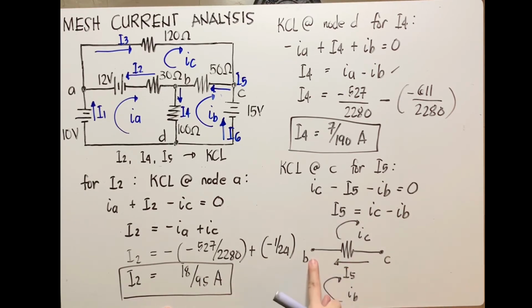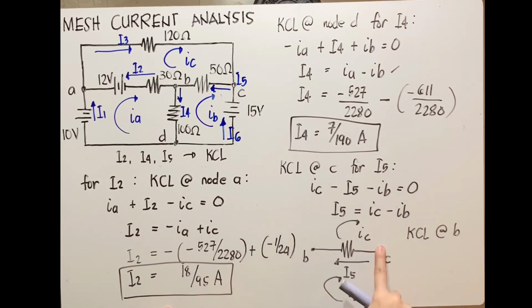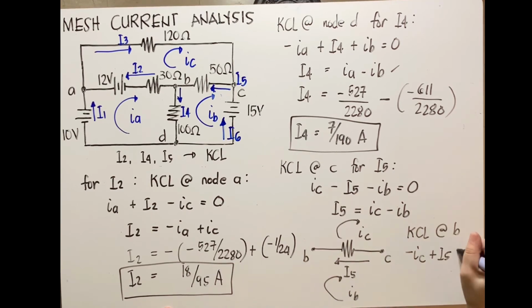And then, if you want to KCL at B, anong mangyayari? So, yung nasa taas na mesh, papasok yun sa kanan, pero lalabas yun sa kaliwa. So, negative ngayon siya dyan. Negative siya sa B. Positive si I5, tapos yung mesh current sa ilalim, lalabas yun sa kanan, papasok sa kaliwa. Kaya positive ngayon si IC dito sa B. And then simply equate that to 0.